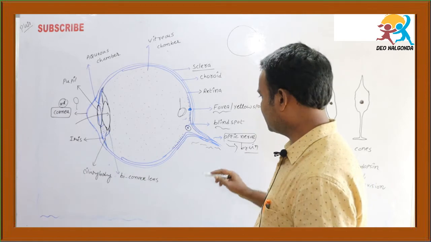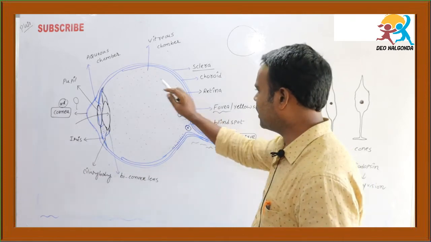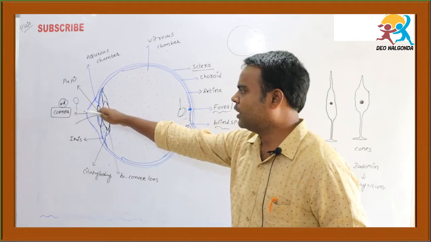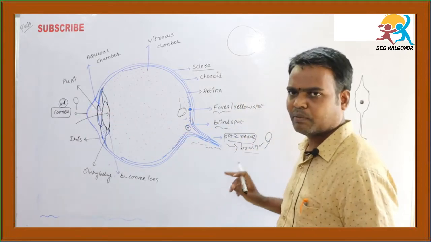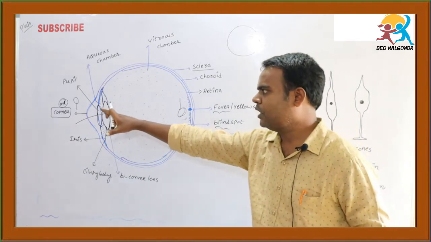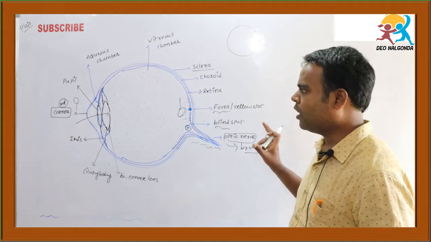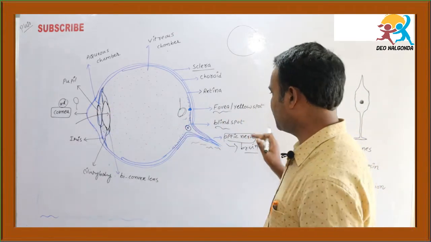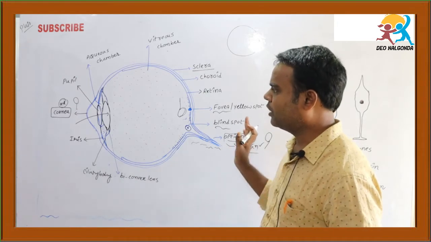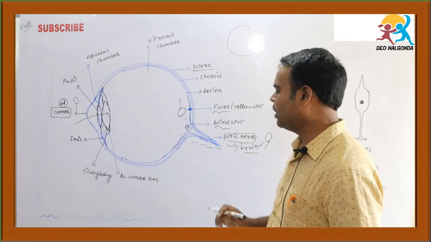When the optic nerve carries the impulses to the brain, the original object we have seen in the atmosphere is analyzed in the brain and shown as it was originally seen. Thus the brain analyzes the impulses taken by the optic nerve.